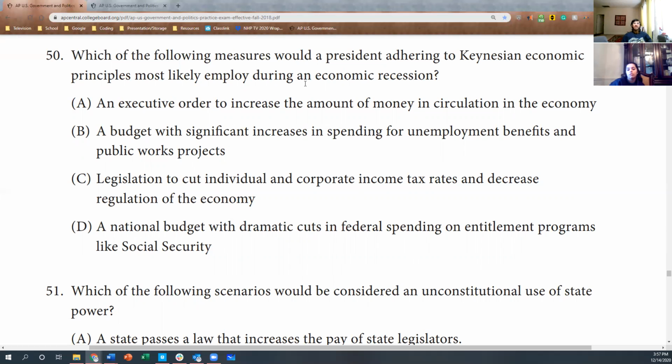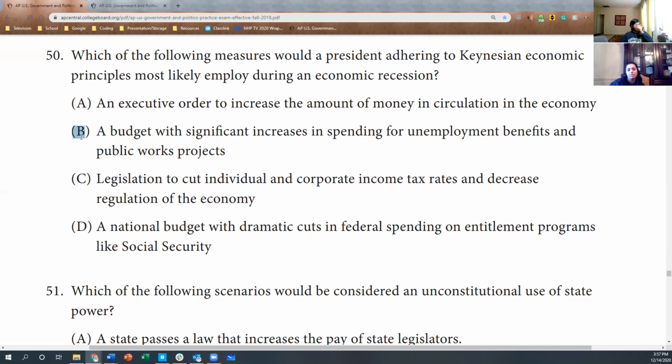Whereas supply side economics says that supply is constant, it's just that demand changes price. So Keynesian economics would say that during a recession, you should pump more jobs into the economy. So I guess the answer would be B.